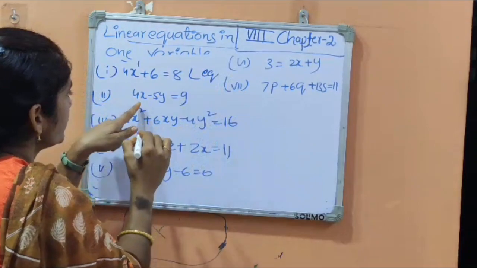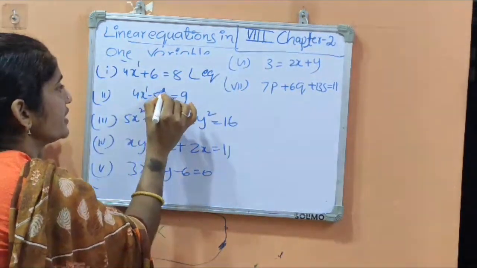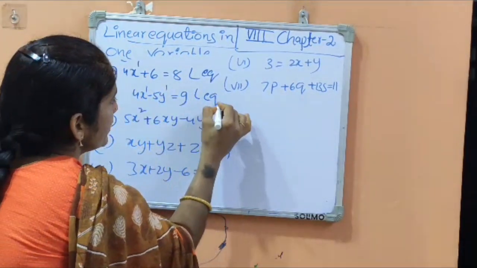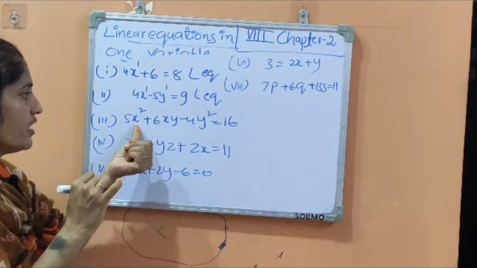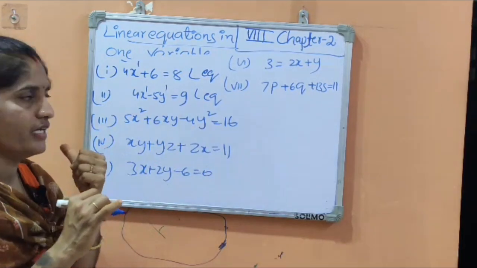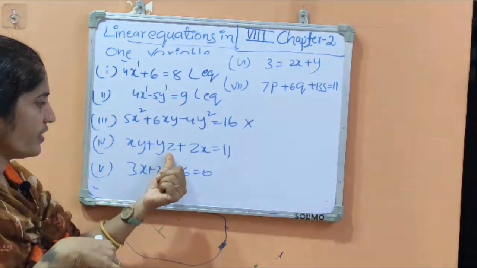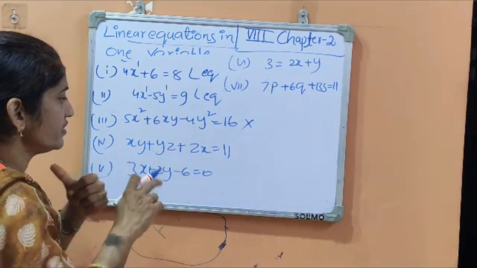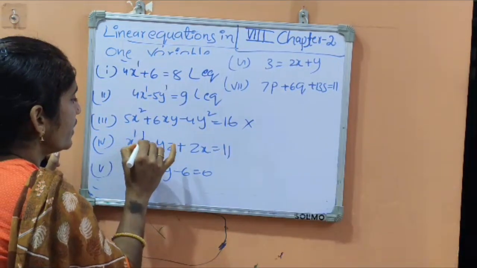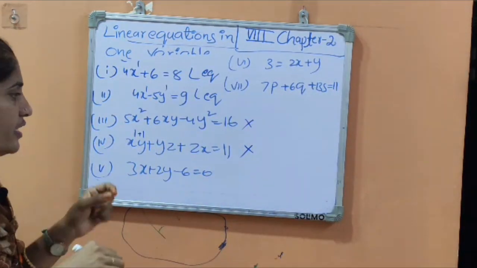Next, if you observe 2, 4x minus 5y equals 9, x and y are variables having only degree 1, so this is also a linear equation. In the third, x and y are variables and this is a degree 2 equation, so it is not a linear equation. xy plus yz plus zx equals 11 has degree 1 plus 1, that is 2, so this is also not a linear equation.